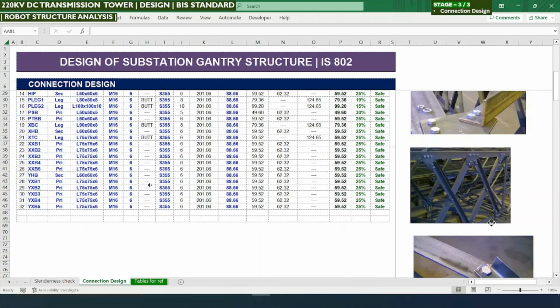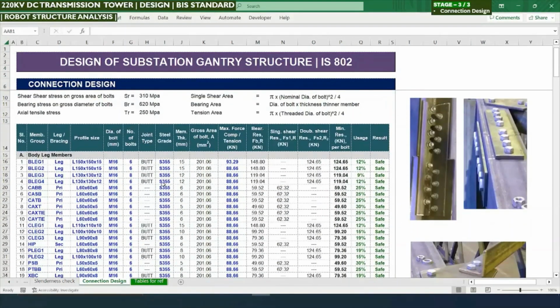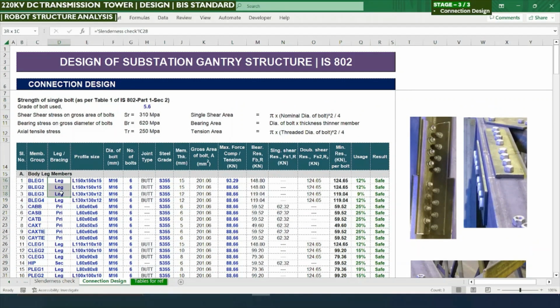Now let me look into the calculation with this understanding. As we know, leg members have double shear resistance. You can see in this picture the main leg members are connected on two faces. If you take this member alone, it is connected on two faces, this side with the plate and bolt, and again this side with the plate and bolt, and on the inner side we keep the angle members.